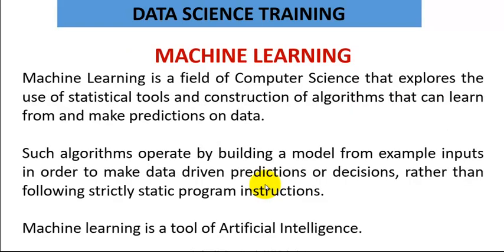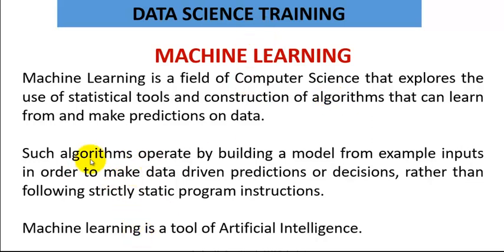Talking about machine learning, it is a marriage of computer science and statistics. It's a field of computer science that explores the use of statistical tools. Look at these two words, statistical tool and construction of algorithm. That is the computer aspect. So when you combine statistics with computer science, then you have machine learning.